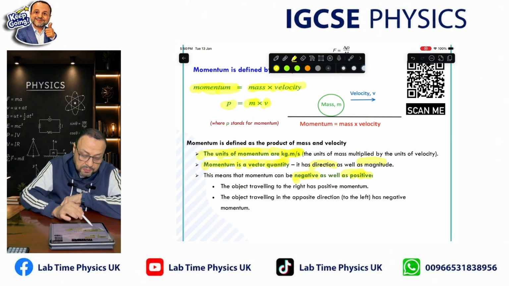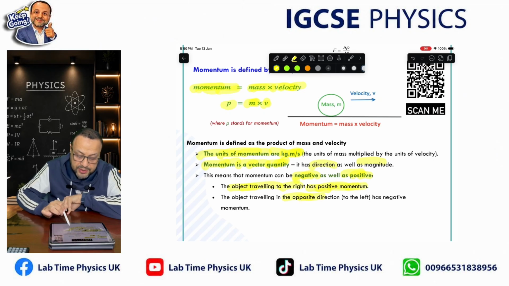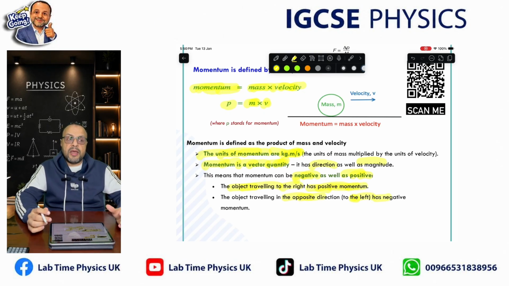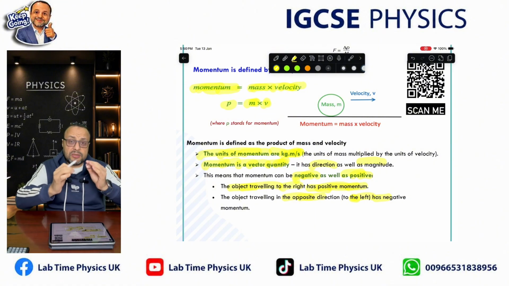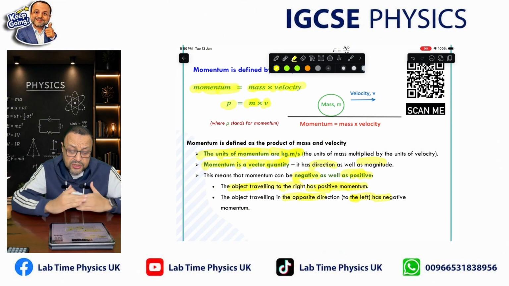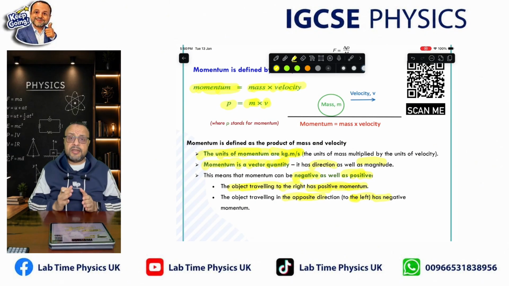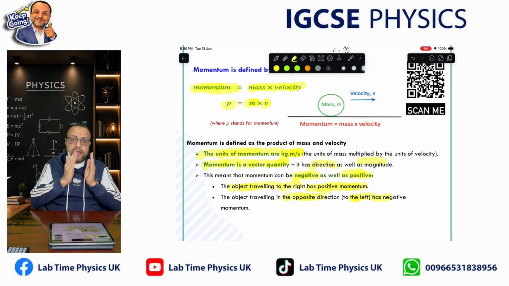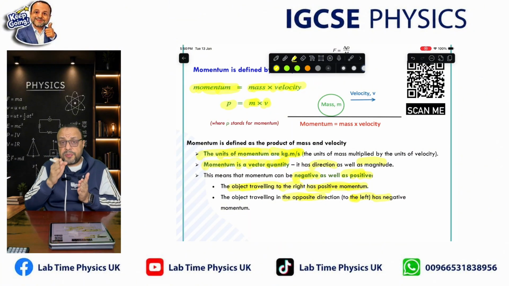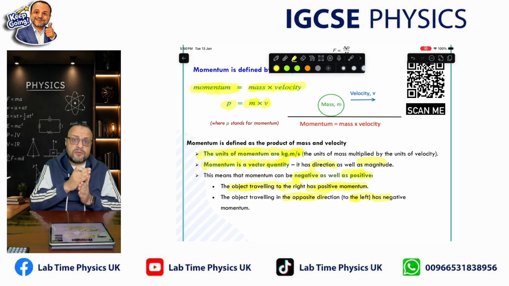This means that an object traveling to the right will have positive momentum, and to the left will have negative momentum, according to the direction you chose at the beginning of the question. So this is the first part in our session. We said the momentum of the object equals its mass times its velocity, and its unit is kilogram dot meter per second.